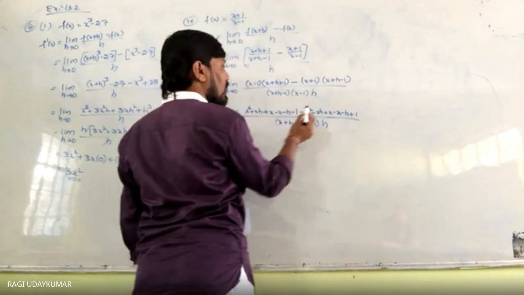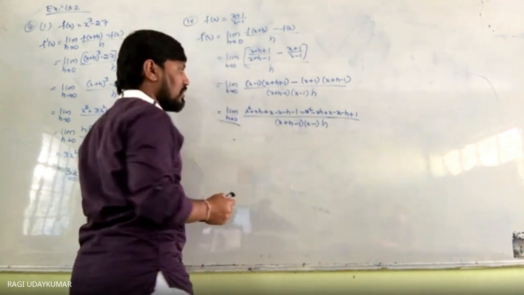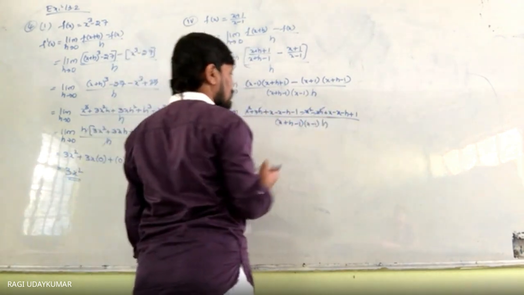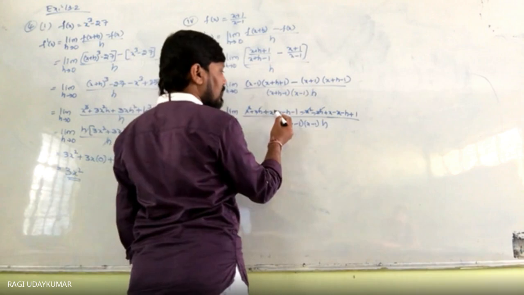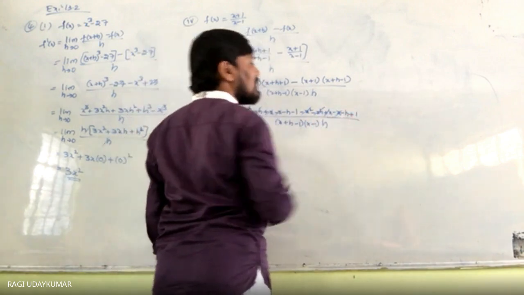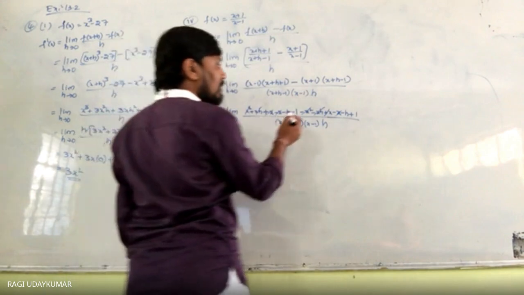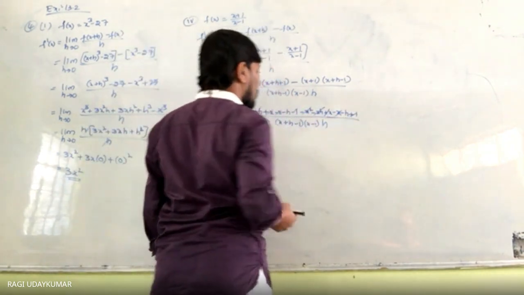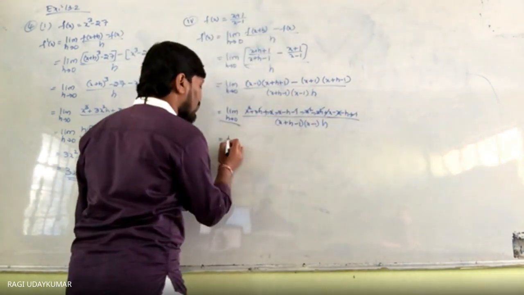So here x square and x square will be cancelled. Plus xh minus xh will be cancelled. And plus x here, minus x will be cancelled. Here also plus x and minus x will be cancelled. And minus 1 and plus 1 will be cancelled. So what is left over here?